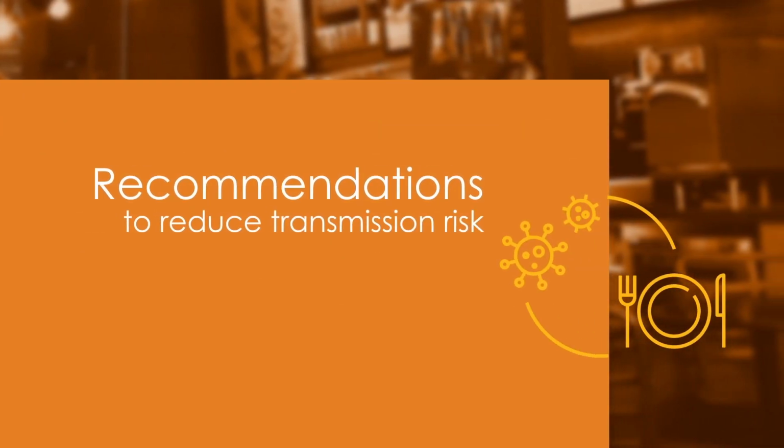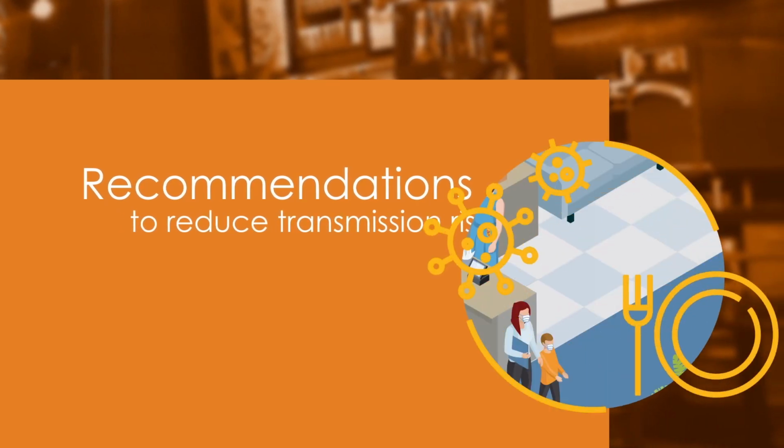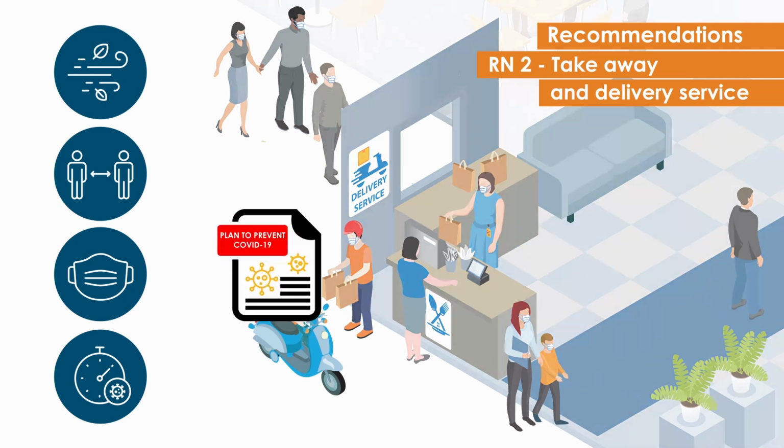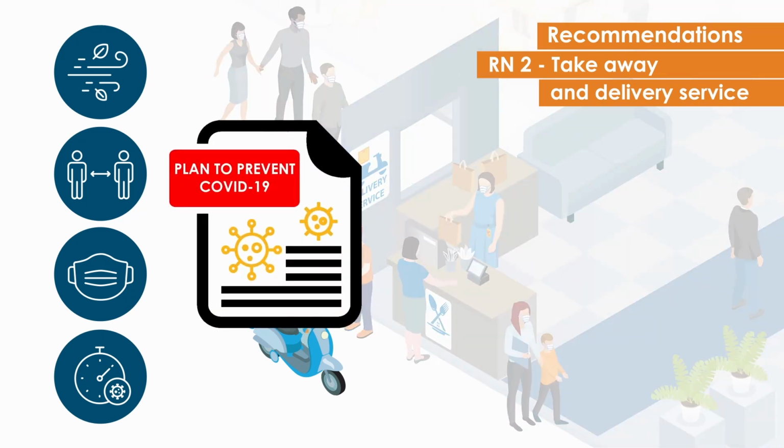Recommendations to reduce transmission risk. To reduce transmission risk, follow the recommendations for ventilation, safety distance, face mask usage, and exposure time provided for the dining room. Furthermore, ask delivery companies for their plan to prevent COVID-19 and check that their preventative measures comply with this series of recommendations.